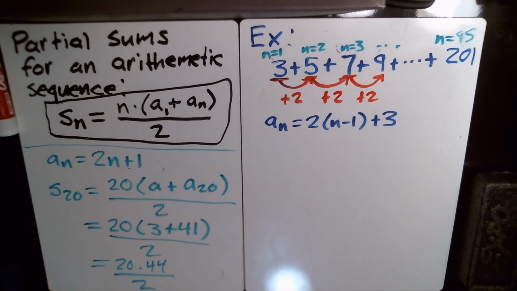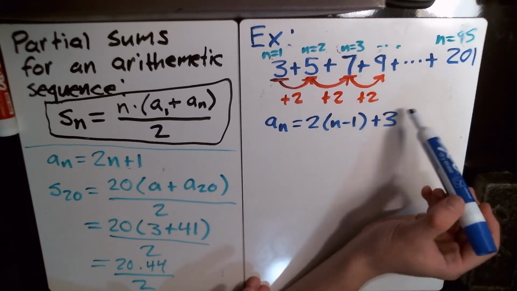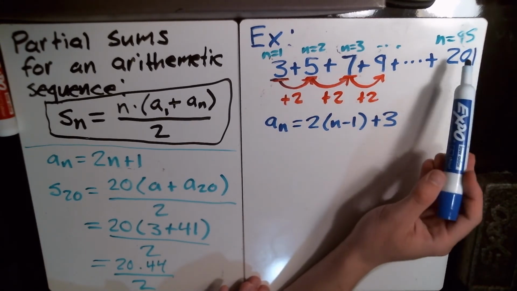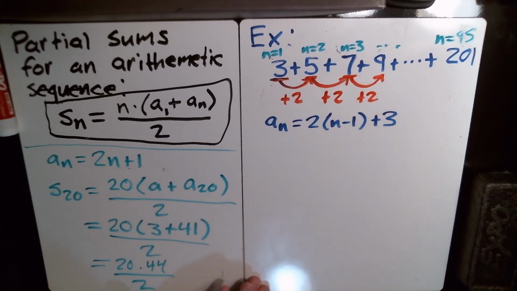Okay, so I experienced some technical difficulties and the last bit of the video got messed up. We were so close, I didn't want to redo the whole video again. But we had figured out that this was our a sub n, and we got to our formula for s sub n in terms of this.